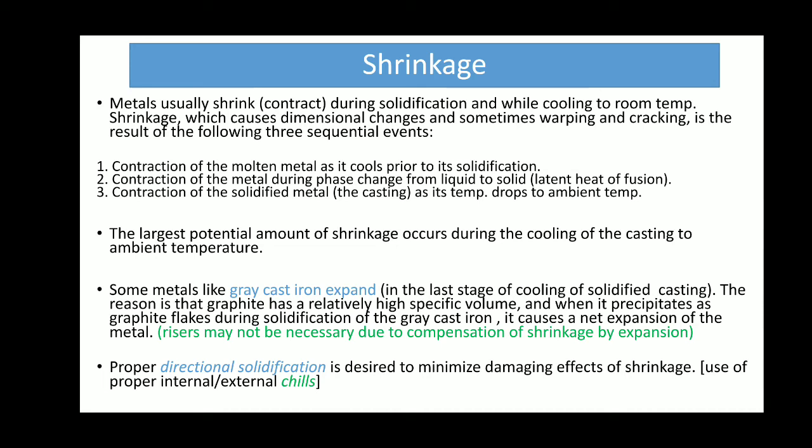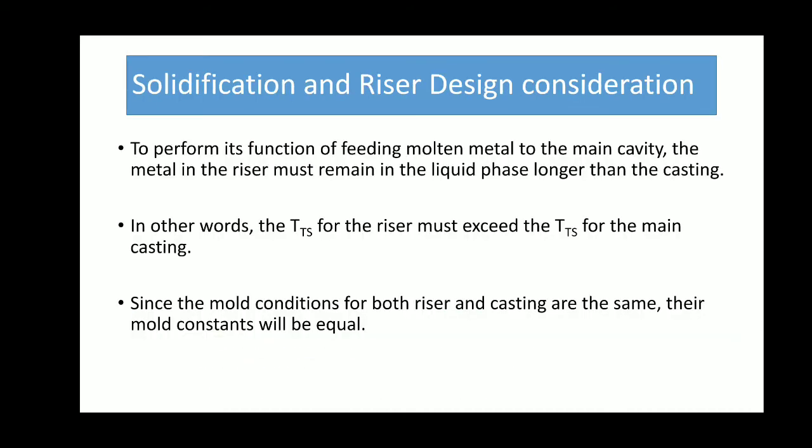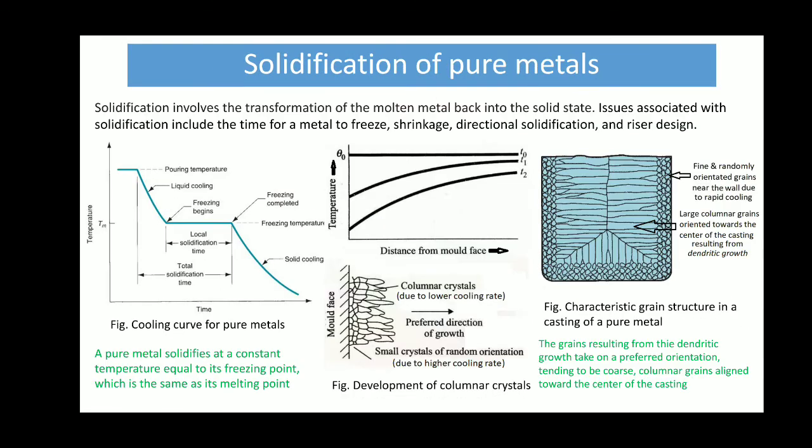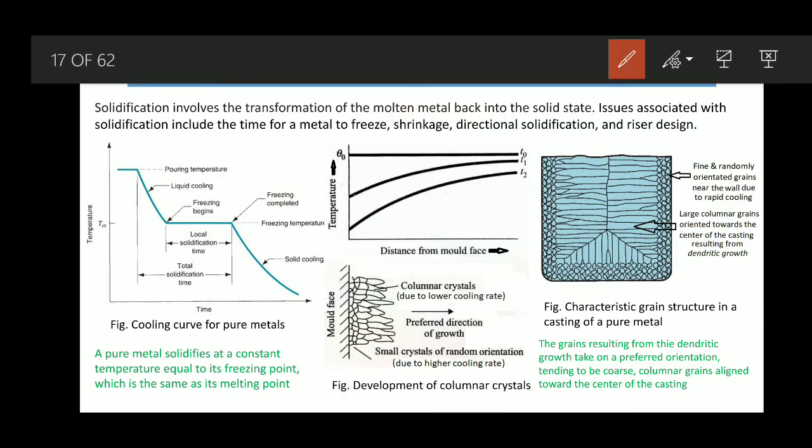If you can recall the cooling curve, there you have seen three basic parts. We'll go back to the previous slide. Here you have seen there are three types of contraction during solidification. One is during the liquid cooling zone itself.